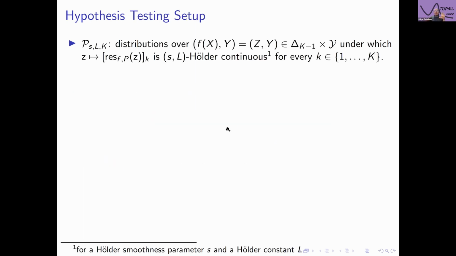Okay, and so to be formal about hypothesis testing, we need to define the null hypothesis and the alternative hypothesis. So we will consider distributions over the predicted probability scores and the outcome labels, which we will just denote z. And we will assume that the map that goes from the probability score z to every given coordinate of this miscalibration curve is Hölder continuous with a Hölder exponent s.